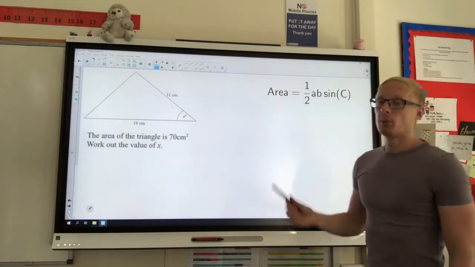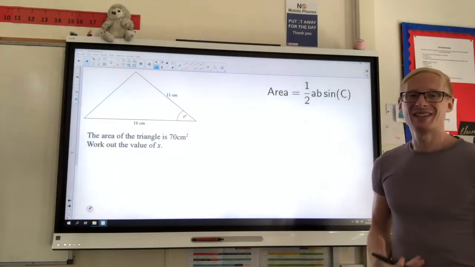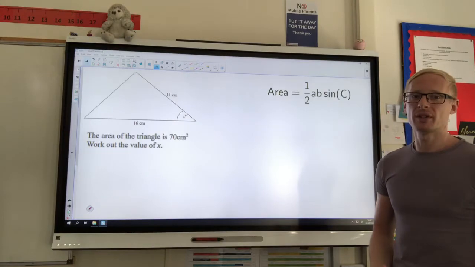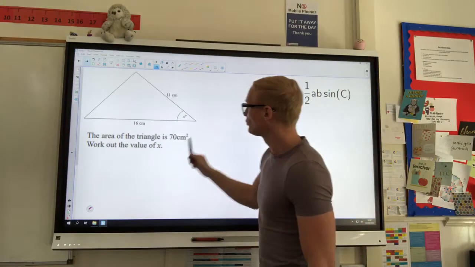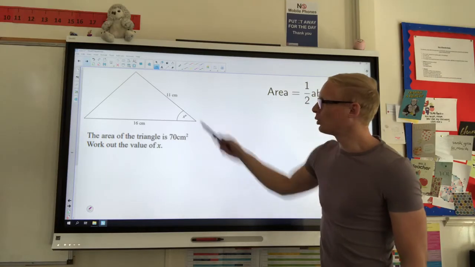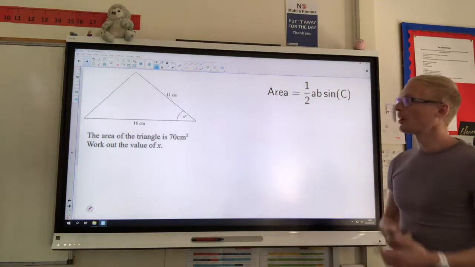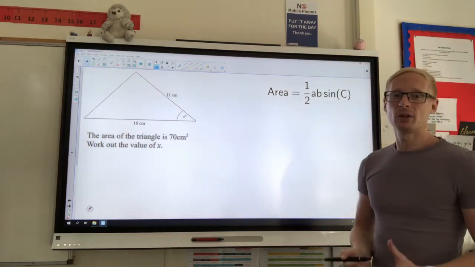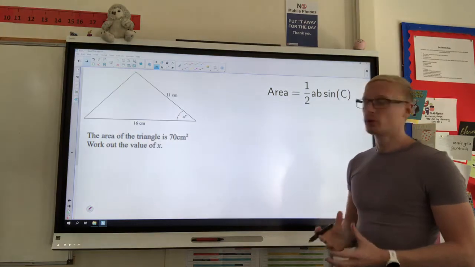Now this is the first example we're going to look at, so I'd like you to copy this down. You can label this as finding a missing angle. So when you look at this question, we're given the area, and we're looking to find this angle here. So we're going to need to use the formula we've got here, work backwards to find what the angle is. So first thing as we do normally is to label the triangle.